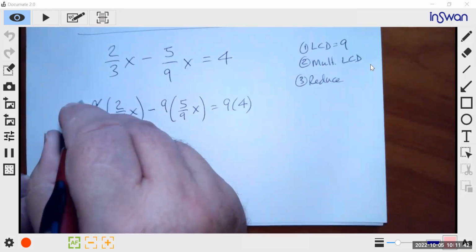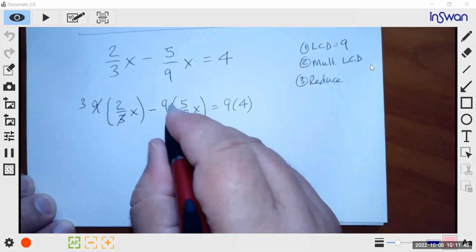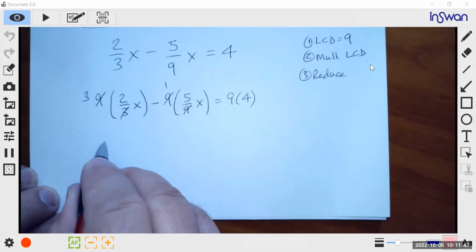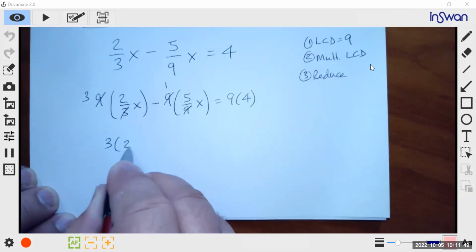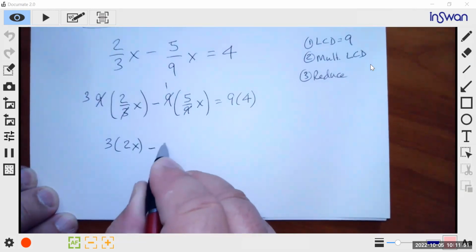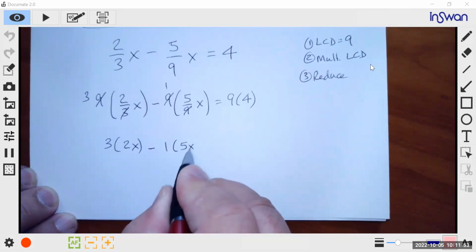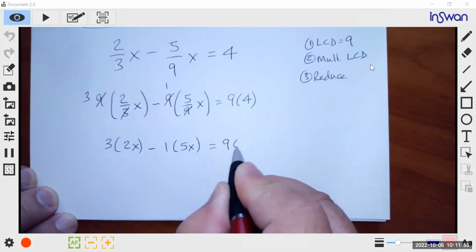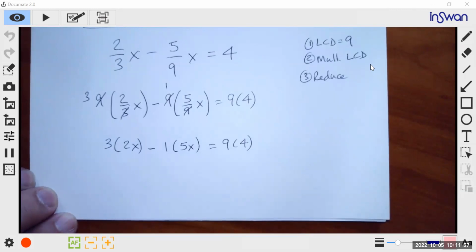3 goes into 9 3 times. 9 goes into 9 once. All the bottom numbers are gone.